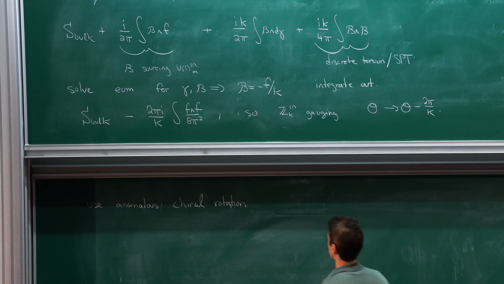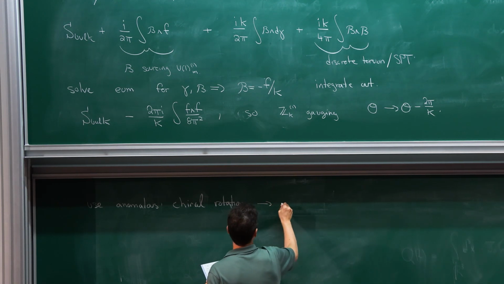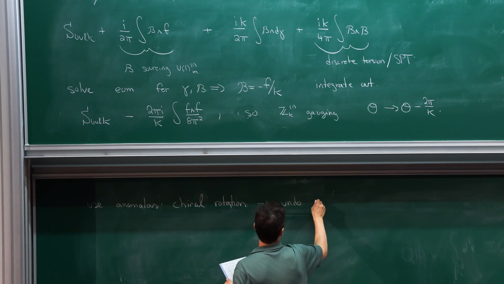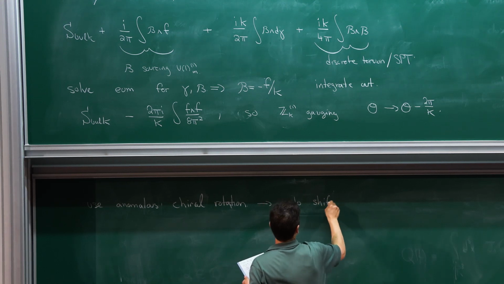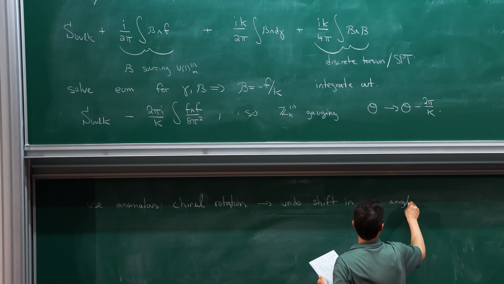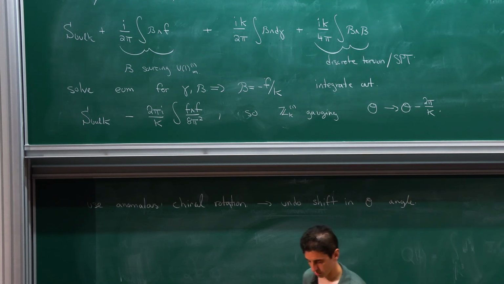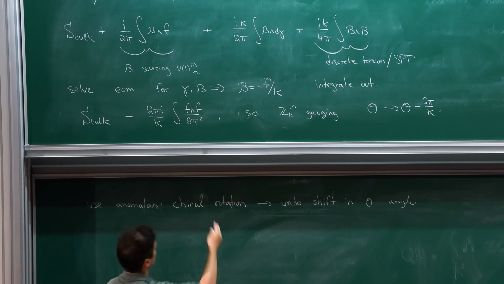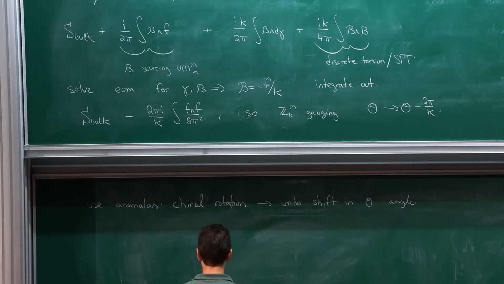And then I can undo the shift in the theta angle. Probably you know when you have an anomalous chiral symmetry, if you do that rotation in the path integral, it shifts the theta angle. Here I'm doing it to undo that transformation.